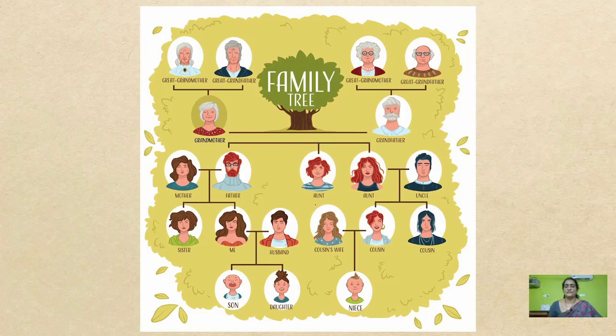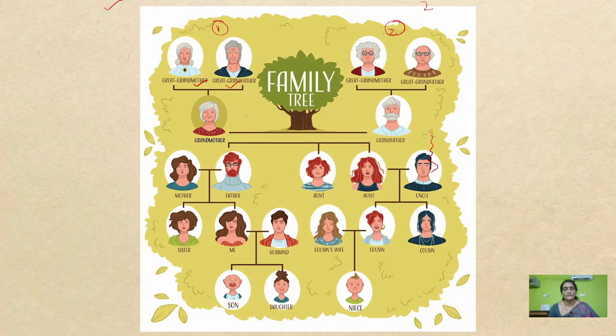Okay children, to tell you about classification, see here I show you a family tree. On the top of the tree, who is there? One great grandmother and one great grandfather. These are one set of great grandparents. This is another set of great grandparents.